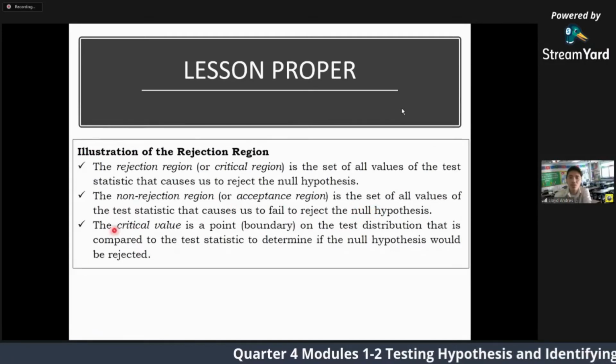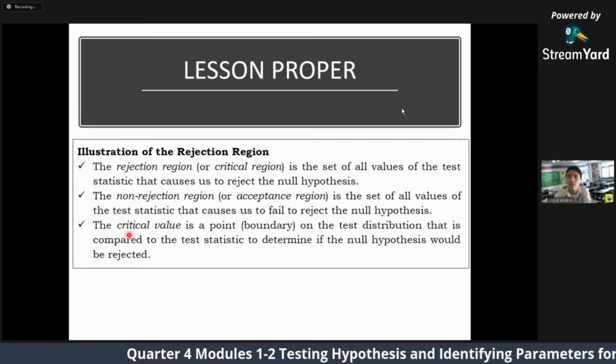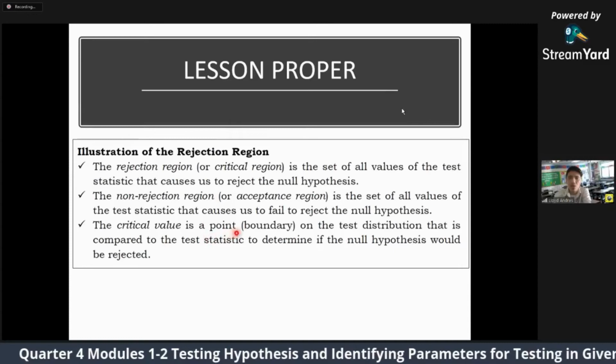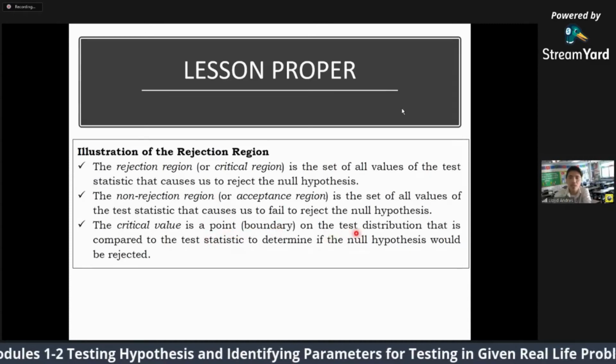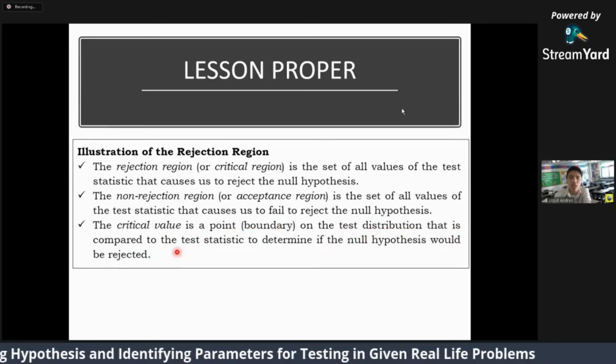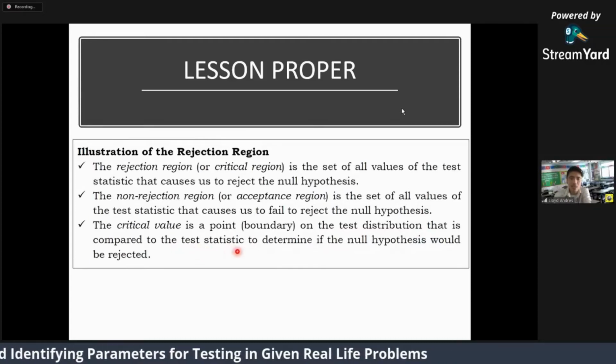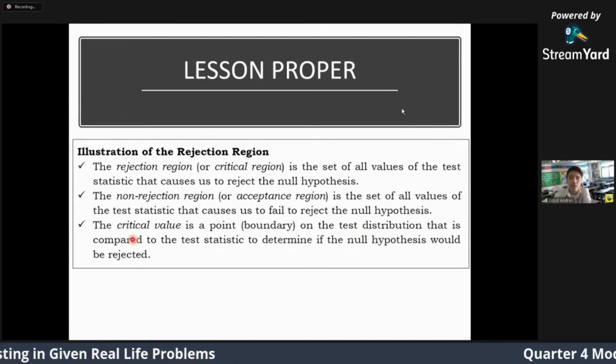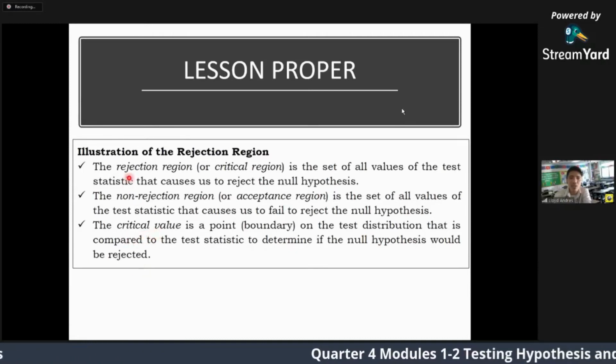While the critical value is a point or boundary on the test distribution that is compared to the test statistic to determine if the null hypothesis would be rejected. So, the critical value is the boundary between the rejection region and the non-rejection region.